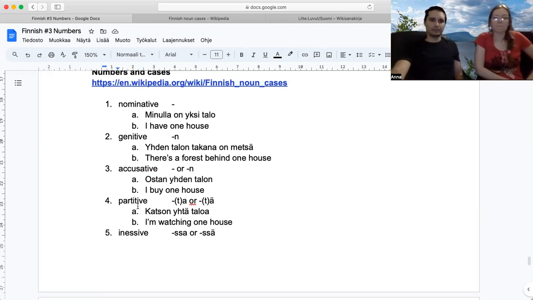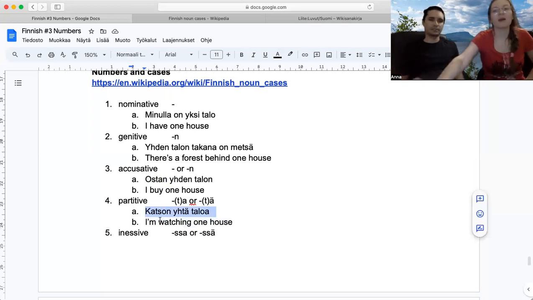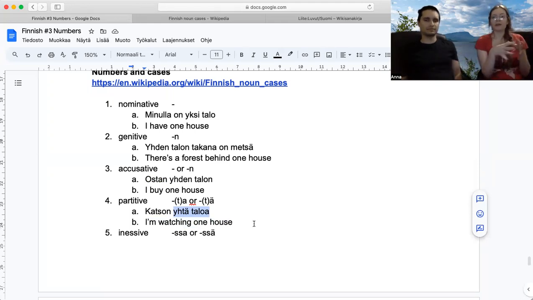And then partitive case. I'm watching one house. Katson yhtä taloa. My favorite partitive case. Katson is I'm watching, or I watch. Not you, not he, but I. Yhtä taloa is one house in the partitive form. One of the rules for using the partitive is when we're talking about a part of something.